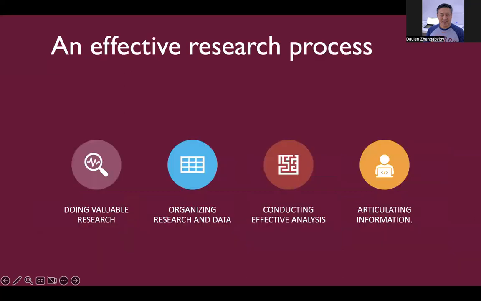We mentioned a few weeks ago that there is an established process for effective research. It includes four stages: doing valuable research, organizing research data, conducting effective analysis, and the final step, articulating information.